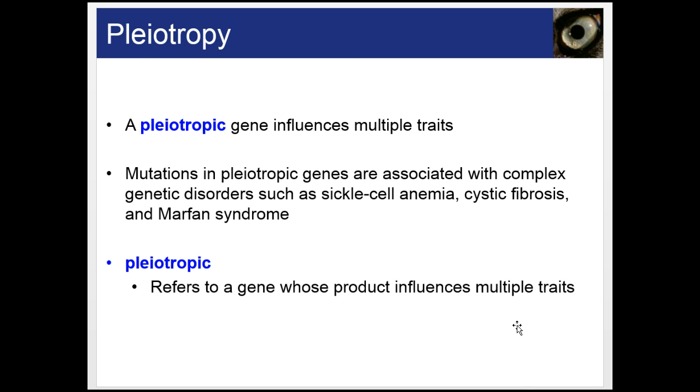A pleiotropic gene influences multiple traits. So one gene affecting multiple phenotypes. Mutations in pleiotropic genes are associated with complex genetic disorders like sickle cell anemia, cystic fibrosis, and Marfan syndrome.